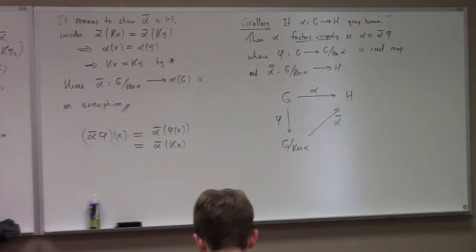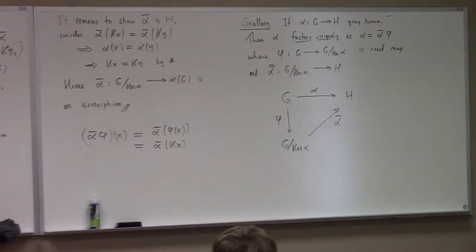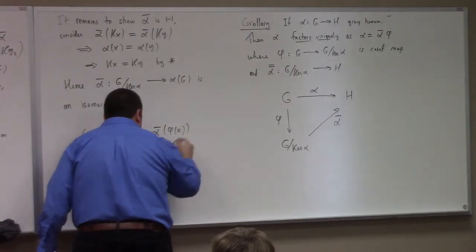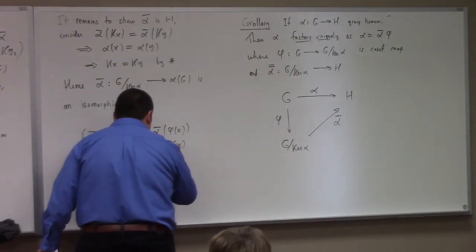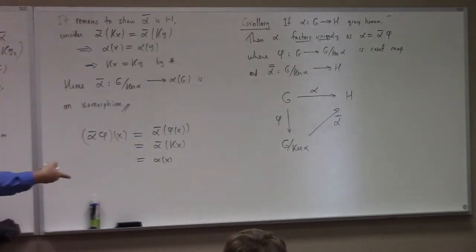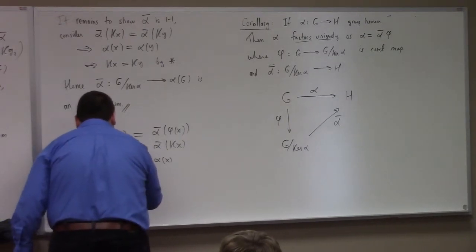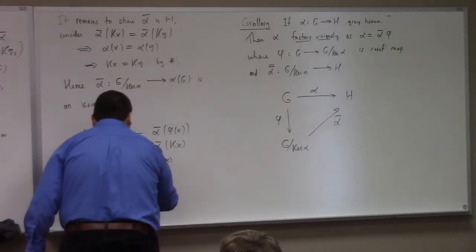The rule for alpha bar is the same as we were just talking about. Admittedly, the codomain's different. In other words, alpha bar doesn't have to be a surjection. Anyway, this is still alpha of x. But x being arbitrary, this little calculation shows you that as maps, alpha bar composed with phi is equal to alpha again.